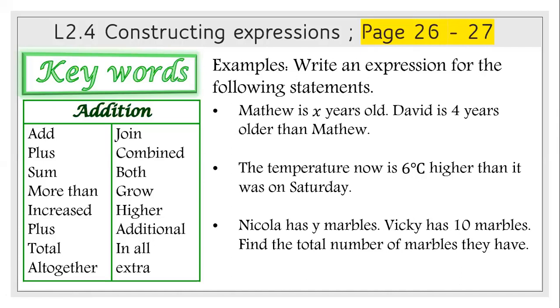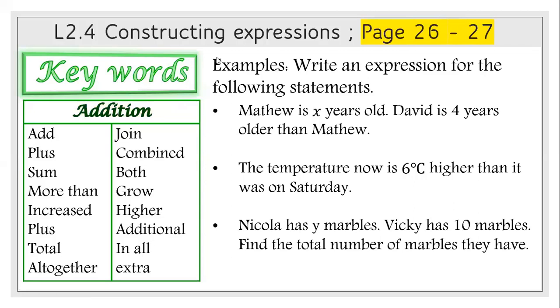Or will you divide? Add. How much you're going to add, ya Maruf? 4. And from where did you get the 4? From David's age. From the statement. So the numbers, I get them from the statement that is written in front of me. I don't get them randomly. Okay? Is it clear now, ya Maruf?